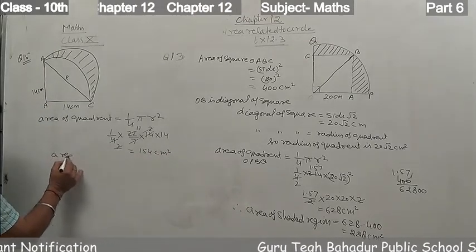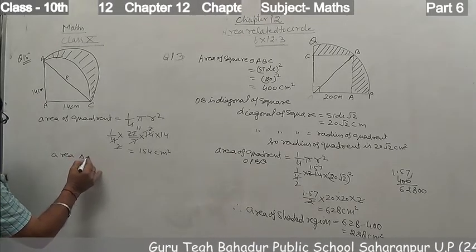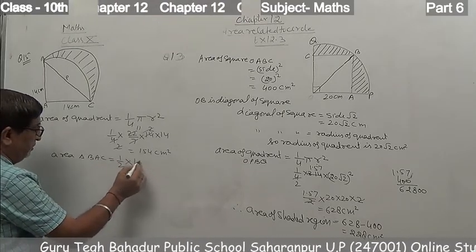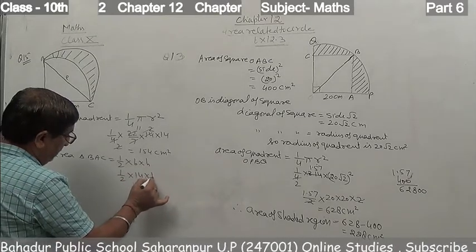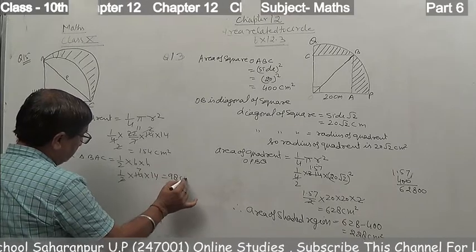Area of triangle BAC, half into base into height, half into 14 into 14, that is 98 centimeter square.